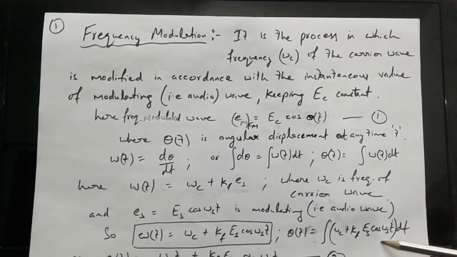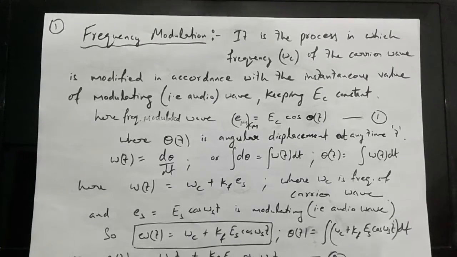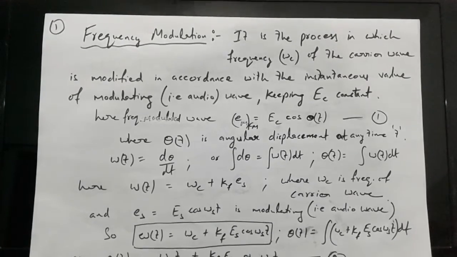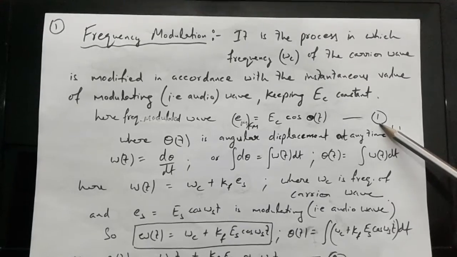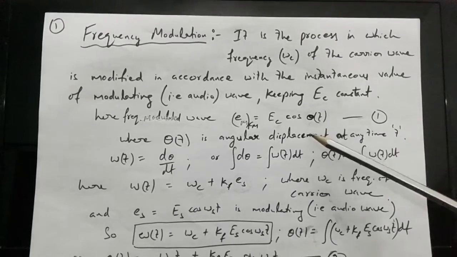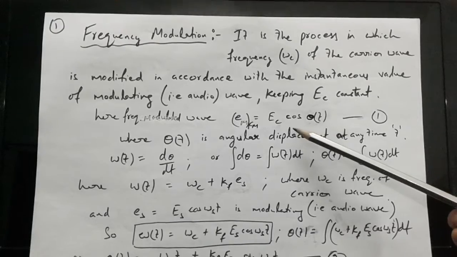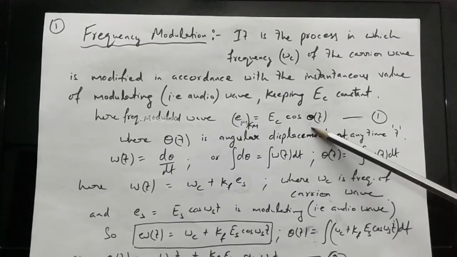These are simple mathematical steps which you can do easily, and from here we get the value of theta t given by equation 2. If we put this value in equation 1, then we get the desired value of the frequency modulated wave.